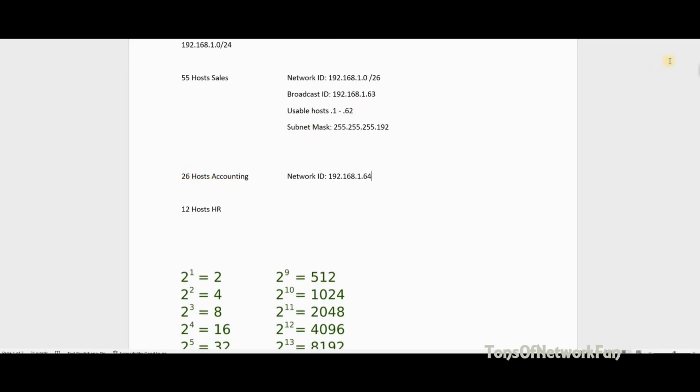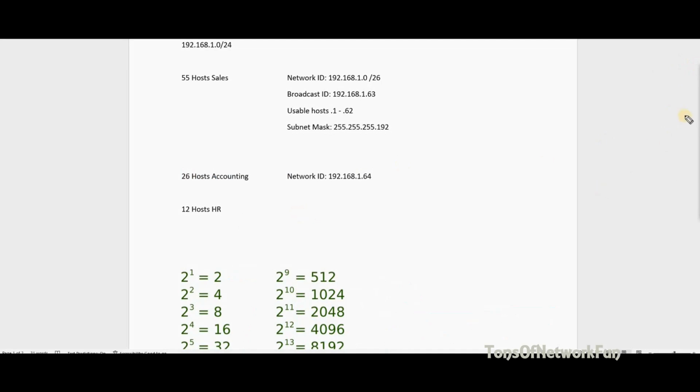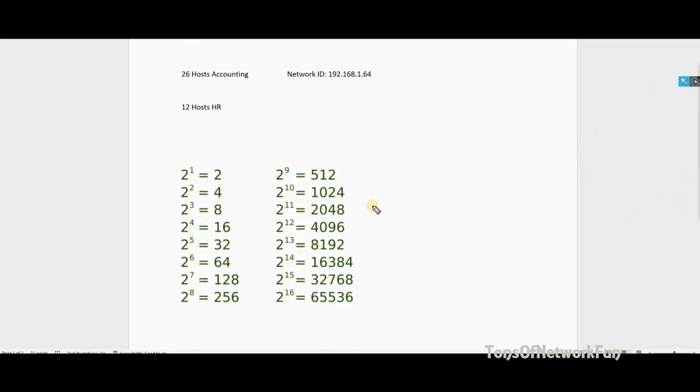So 26, right? Let me actually erase it. We'll draw that again. 26 is going to be, 16 is not enough, so we have to go with the next highest, which is 32.